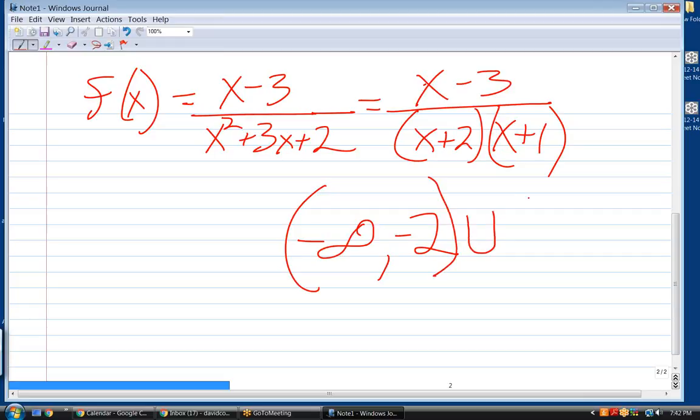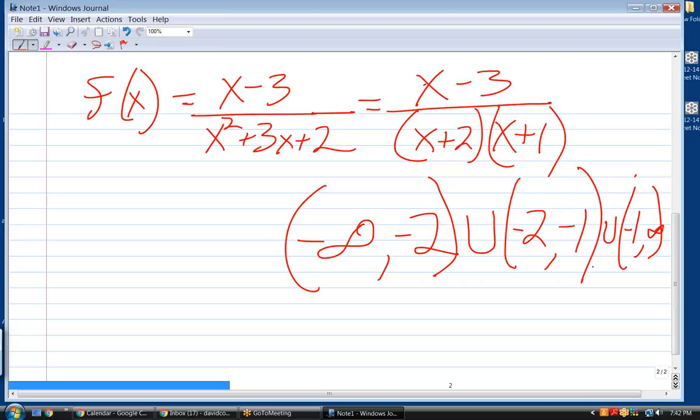In union with negative 2 to negative 1, in union with negative 1 to infinity. I think that's right. Is that right? Yes. Okay. And once again, you could also say x is a member of all reals except negative 2 or negative 1.